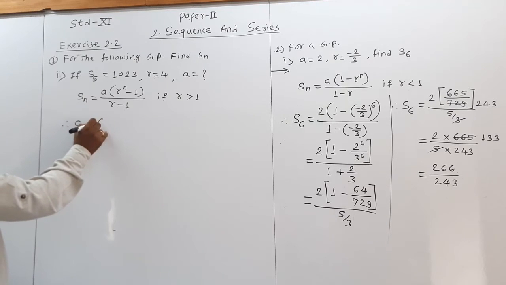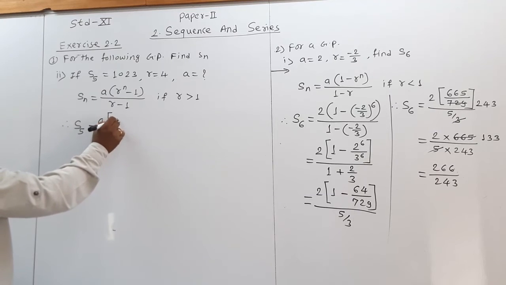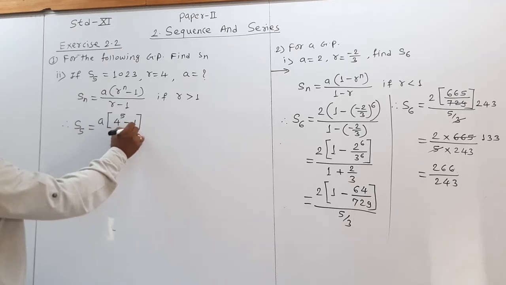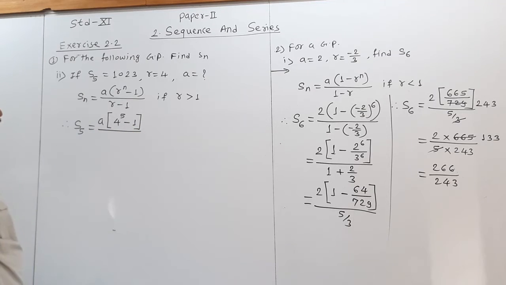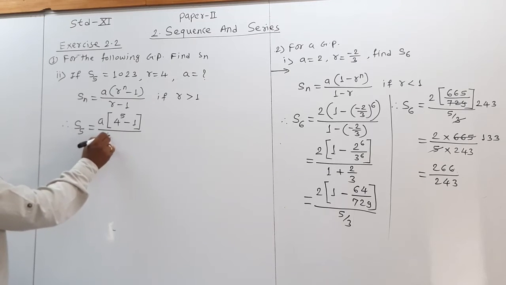First term is a into the bracket r is the 4 raised to 5 minus 1 divided by the 4 minus 1.